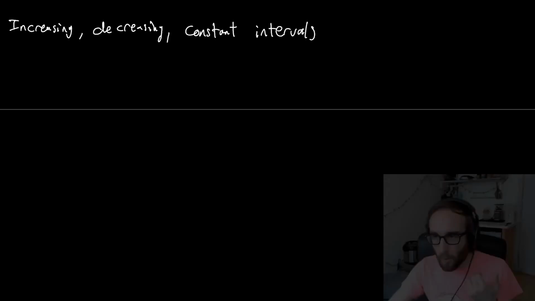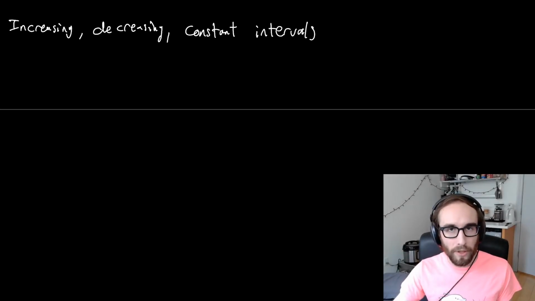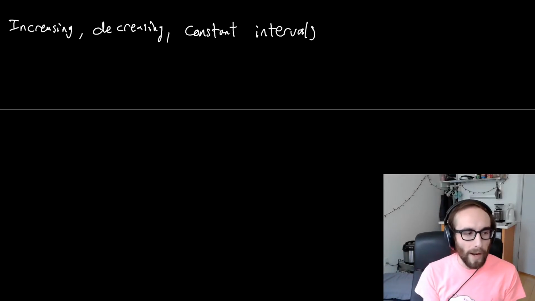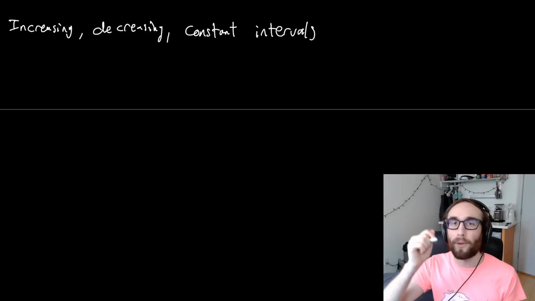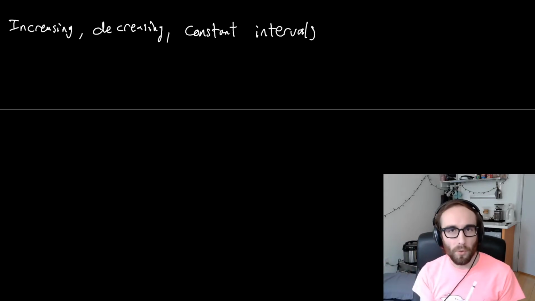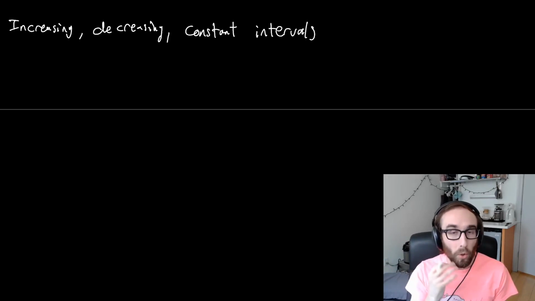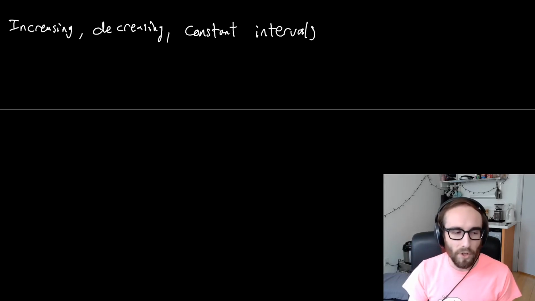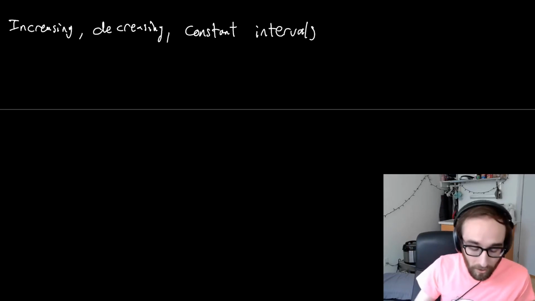Given a graph of a function, it's important that we can identify where the graph is increasing, where it is decreasing, and where it is remaining constant. Looking at a graph, this might be apparent for some graphs, but we still want to formally define this just because it will get more complicated later on.